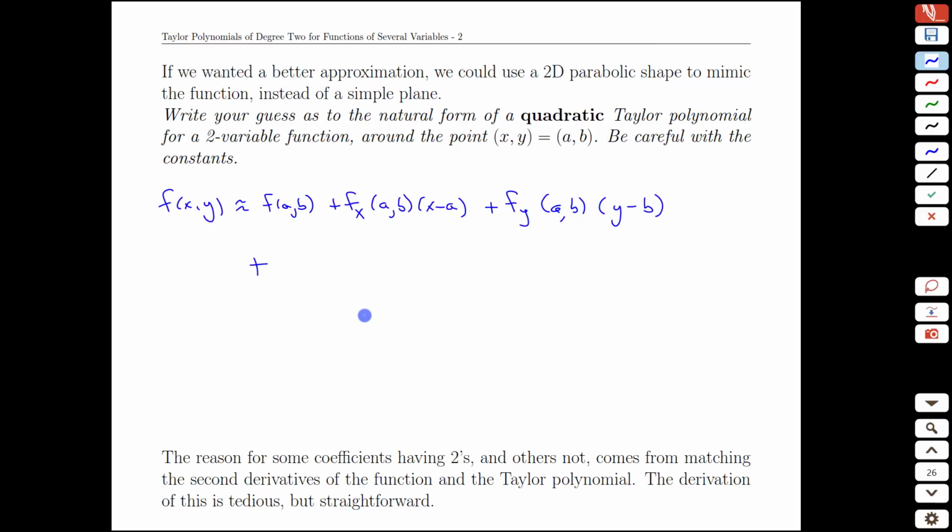And then, we can see already that we might want a second derivative like we had originally with the single variable formulas. And the form that went with that was x minus a squared. Well, that seems pretty reasonable here because we have a partial x derivative twice.